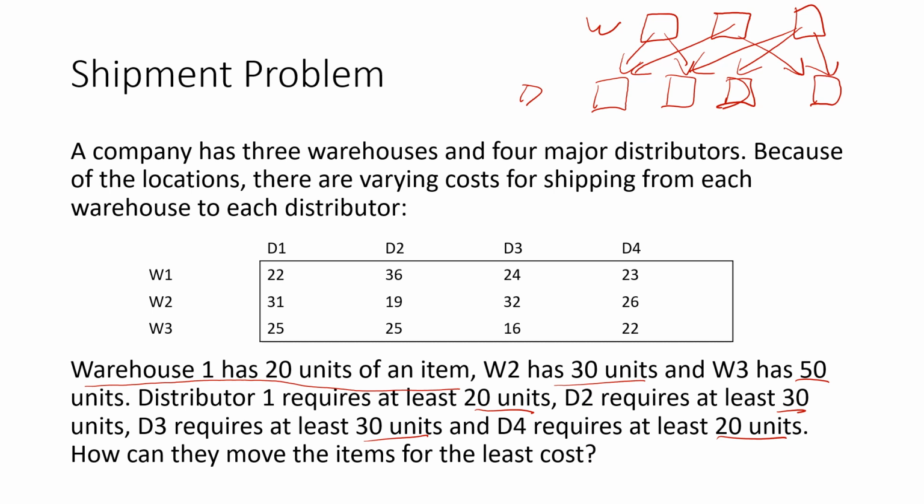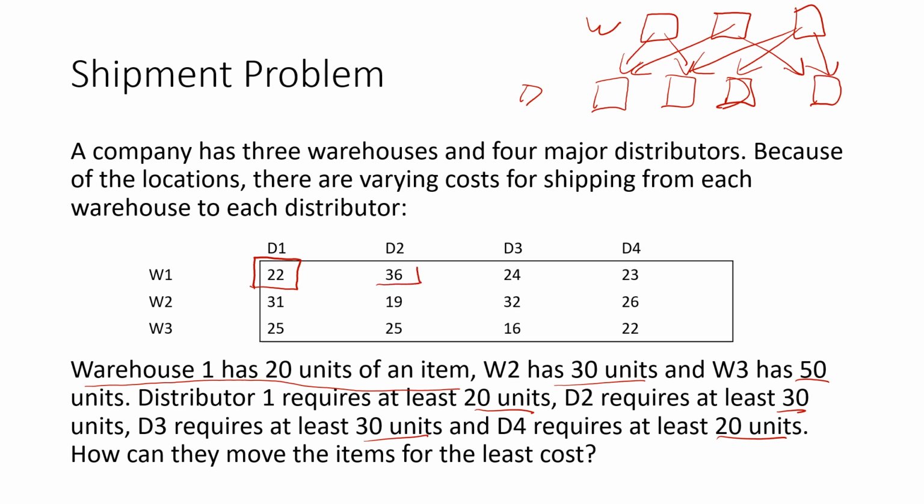And then there's also the cost. These warehouses and distributors, the idea is that these are spread out all over the country. So it costs a certain amount to send something from each warehouse to each distributor because you're shipping at a different distance. So this matrix tells us the cost. Shipping 1 unit from warehouse 1 to distributor 1 costs $22.